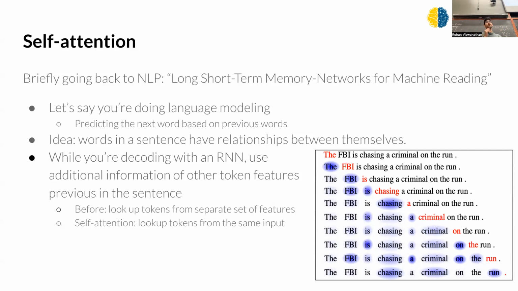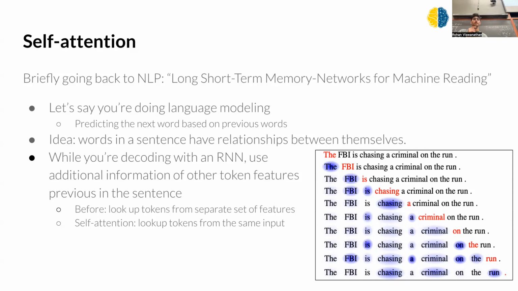So we're essentially computing these keys and these queries within the same sentence. Instead of looking up a different database, we're using our sentence as our informed database. The idea is that words in a sentence will implicitly have relationships between themselves. So in a single sentence, we can find a representation that's meaningful based solely on the information that we have.